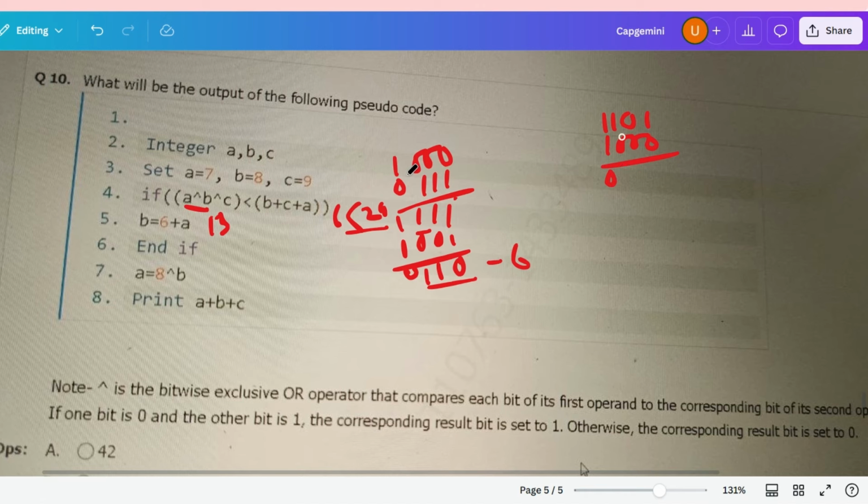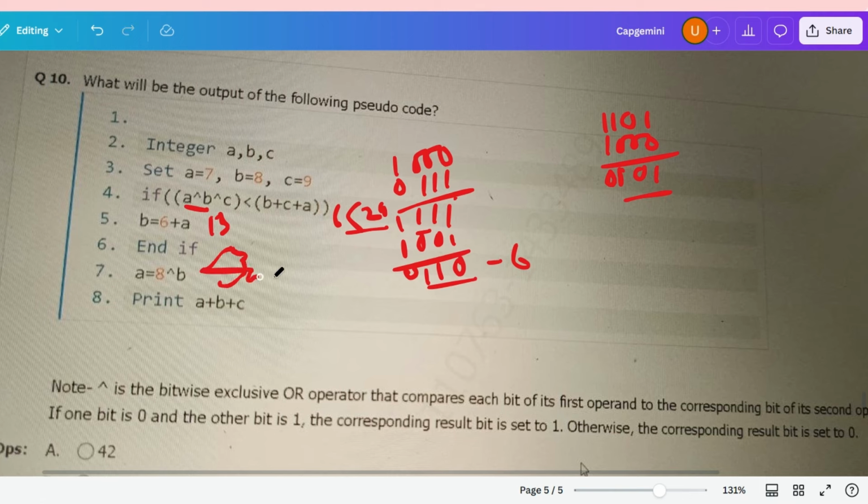If one statement is different, then true. If both statements are the same, that is false. So 101, that is 5. Equivalent to 5. So a becomes 5.